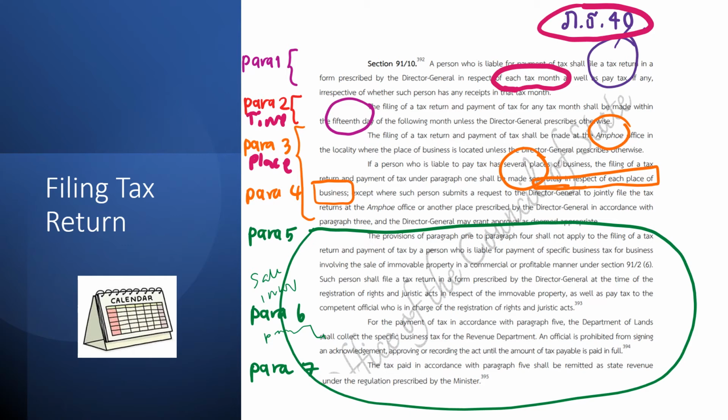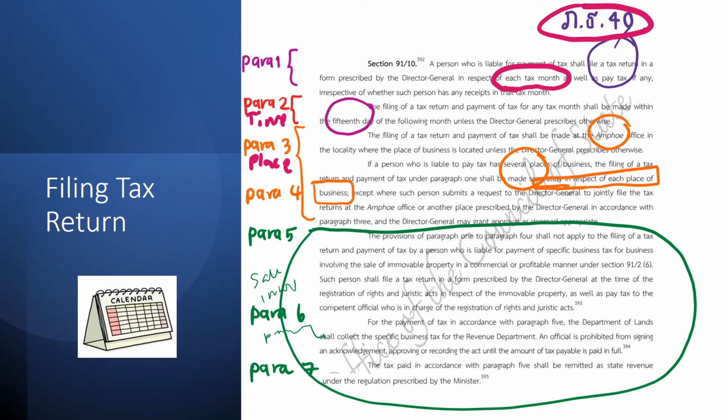Paragraphs 5, 6, and 7 are about a special provision in case you are selling immovable property. In this case, you do not go to the revenue office, but the land office will be the authority that collects specific business tax on behalf of the Revenue Department.